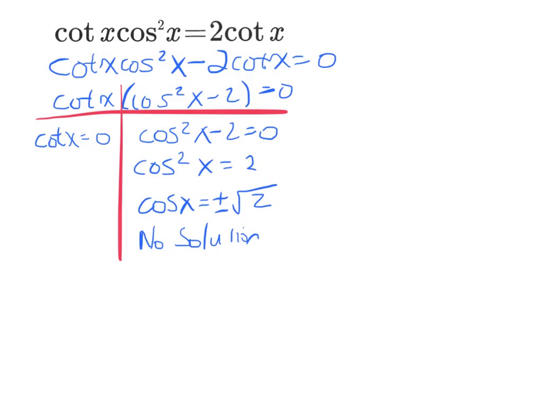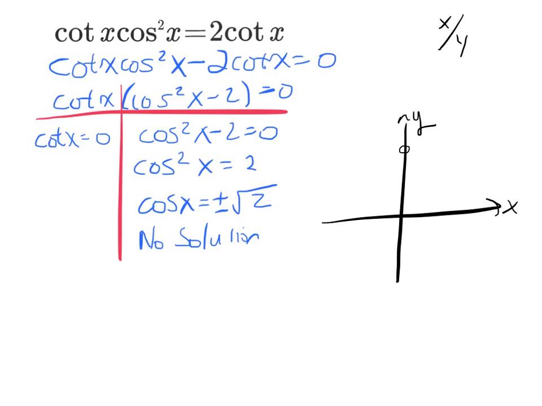But on the other side, we can find where cotan is equal to 0. Cotan we know is the ratio x over y, and that would be equal to 0 wherever x is 0. So last time we wrote down that our solutions were pi over 2 and 3 pi over 2. But we want all the angles that are coterminal.